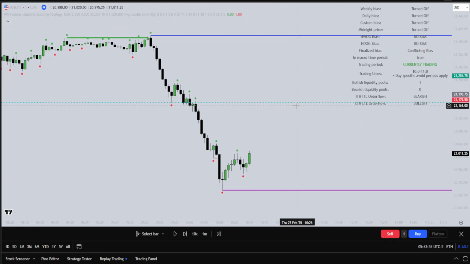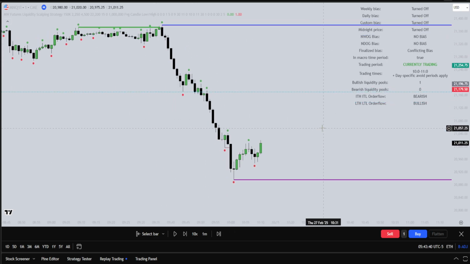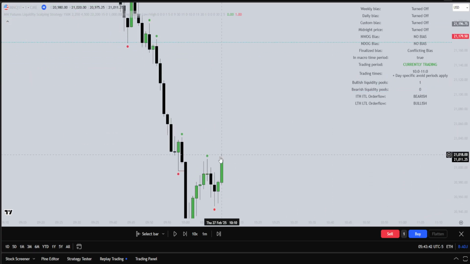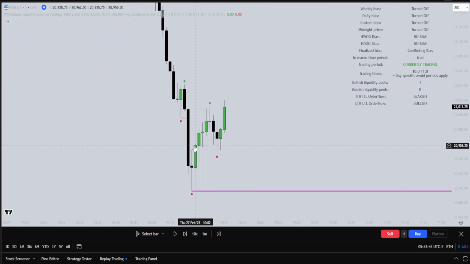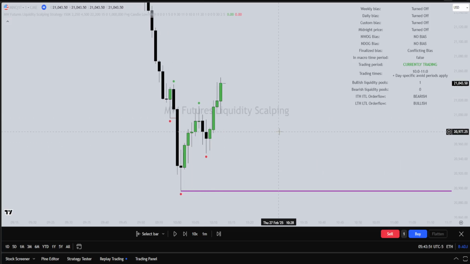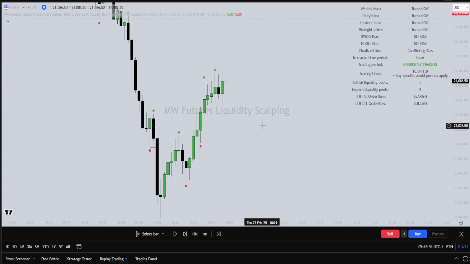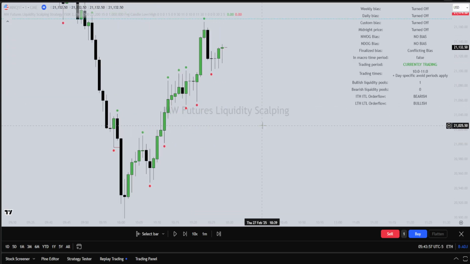We see that we only have one bullish liquidity pool all the way over there. So if there was a fair value gap generated after 10, which has not yet been generated, I think it will generate over here. So a fair value gap would have been generated over here, which would have given us a potential nice run to take trades.